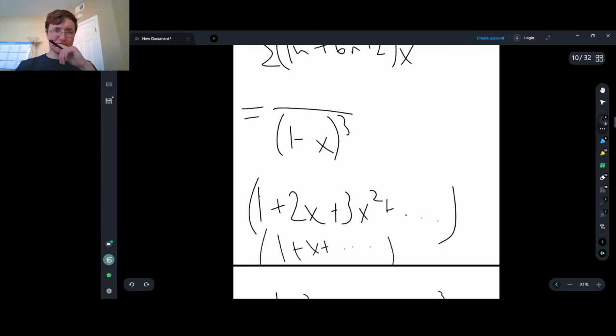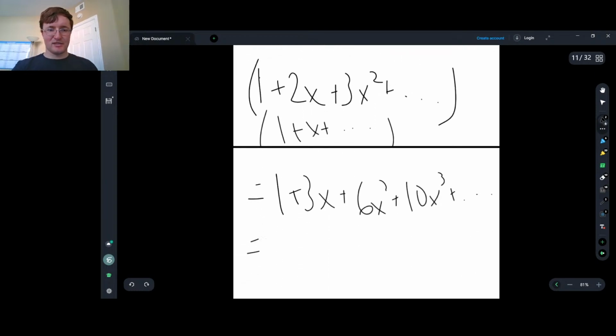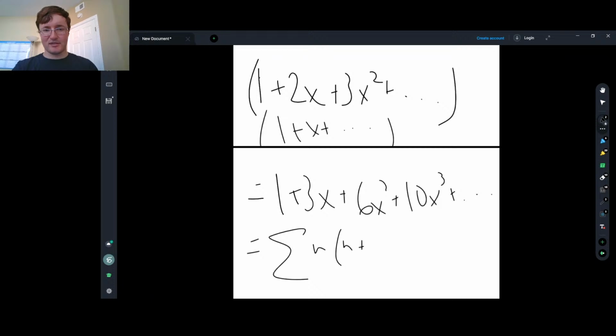So that's the sum of n plus... wait, what is it? Over 2? Or n plus 1, n plus 2 over 2 times x to the n.